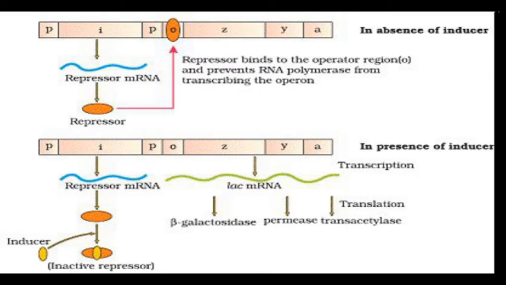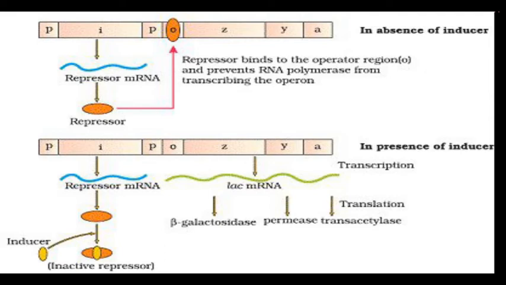The next case is in the presence of inducer, that means in the presence of lactose. The I gene, which is an inhibitory gene, is transcribed into a repressor mRNA, and then into a repressor protein. When an inducer, that is lactose, is present, it goes and binds to the repressor.